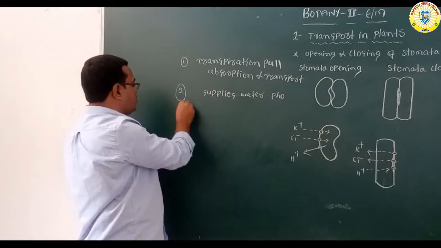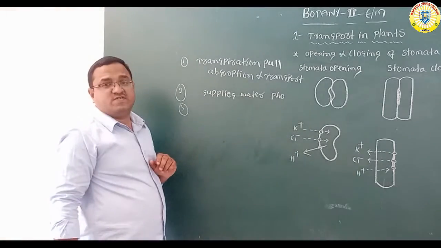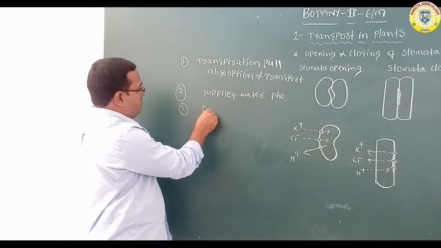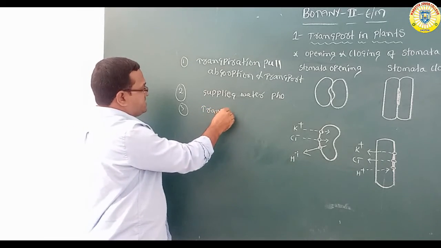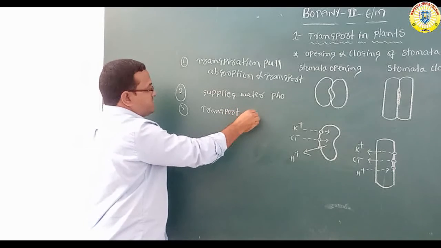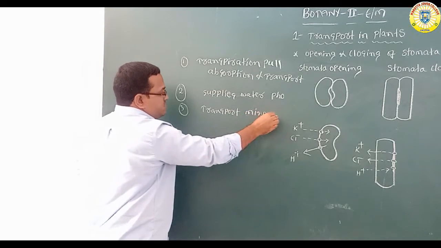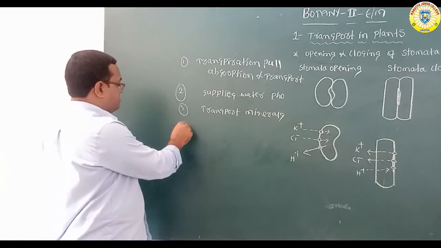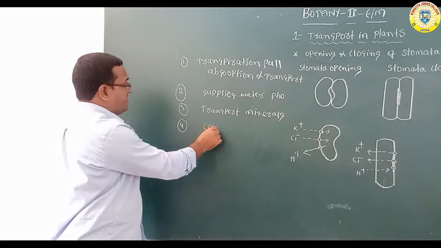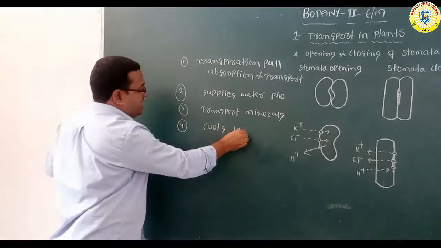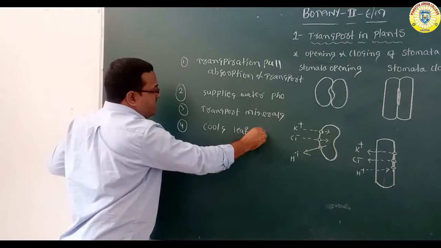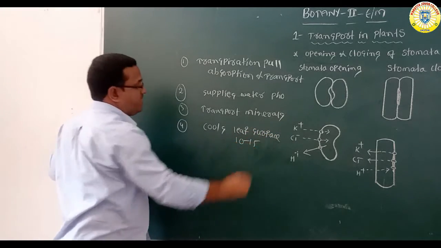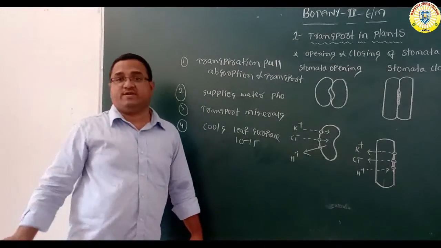And it transports nutrients and minerals from soil to all parts. And it cools the leaf surface, up to 10 to 15 degrees, by the method of evaporative cooling.